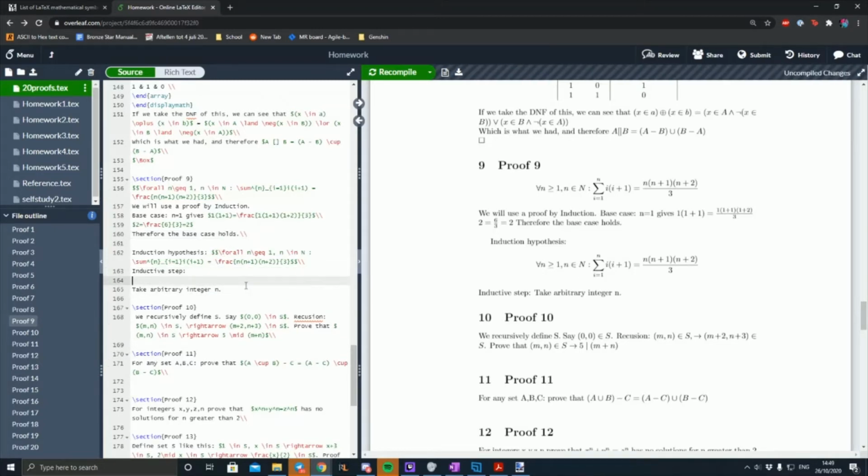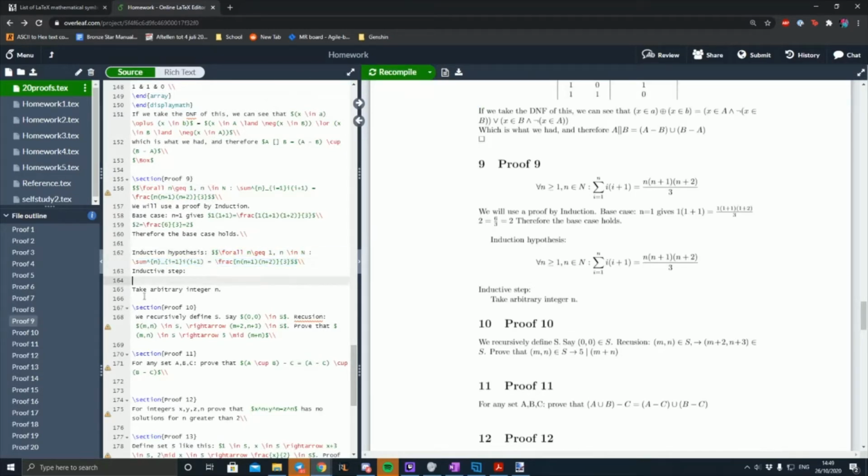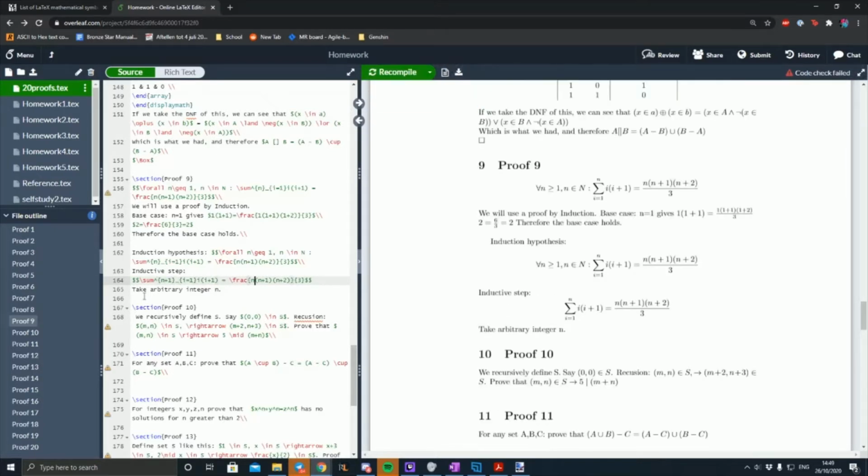So we want to prove that, and when we copy this, oh, this is gonna be a fun one. So this is gonna be equal to n plus 1 of this stuff, and then this is gonna be n plus 1, n plus 2, n plus 3 over 3. Boy, this sure looks fun.